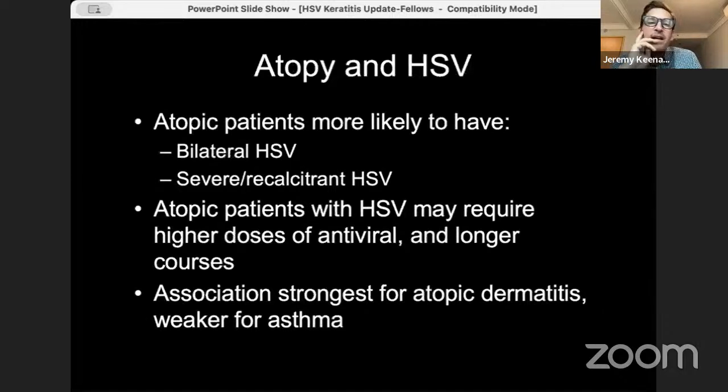And again, the reason for this is because atopy is inherently an innate immune problem, and so there is a problem with our immune system's ability to clear the herpes virus. Anyone along the atopic spectrum can be more likely to have worse herpes keratitis, but the association is the strongest for atopic dermatitis, and it's a weaker association for asthma.